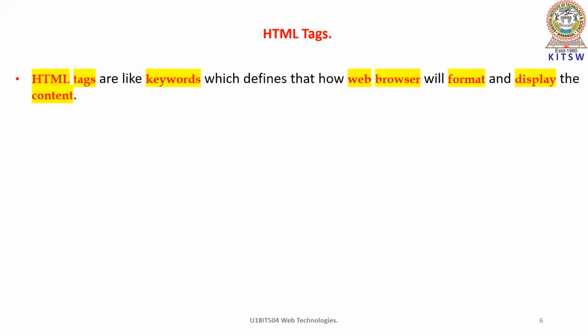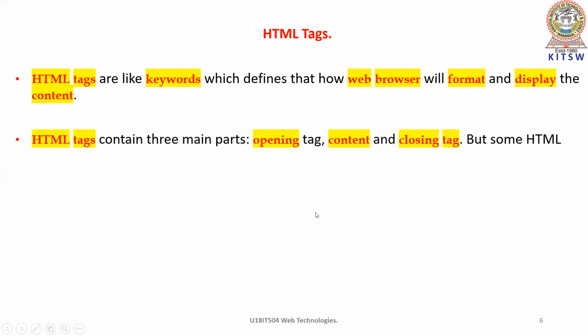Next, HTML tags. Just as we have seen, HTML tags are similar to keywords, whose meaning is known to browsers, and browsers use tags to display and format the content that is to be displayed on the screen.